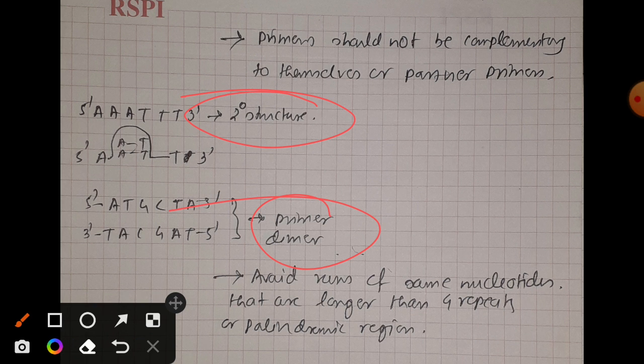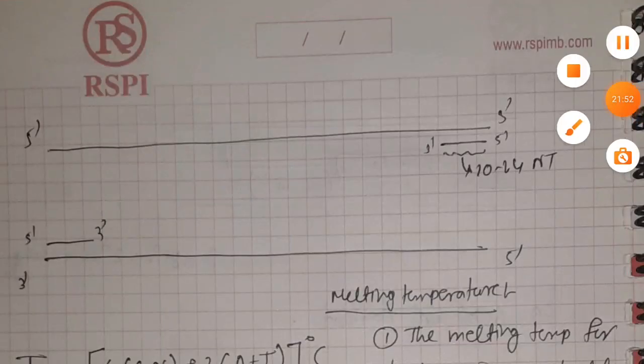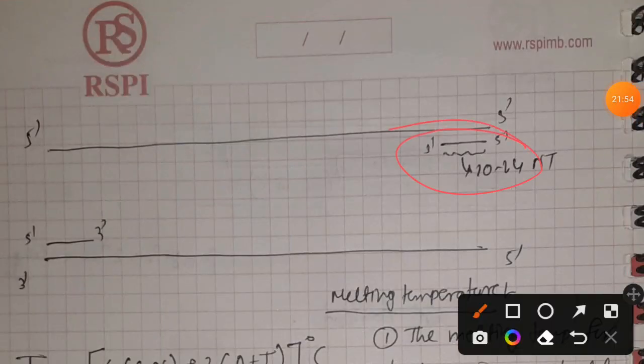Okay, now one type of question I have already discussed with you, that is what will happen if we use a long primer. I have discussed it with you. 3 situations can be possible. One is they will not let you match the TM value that is demanded.